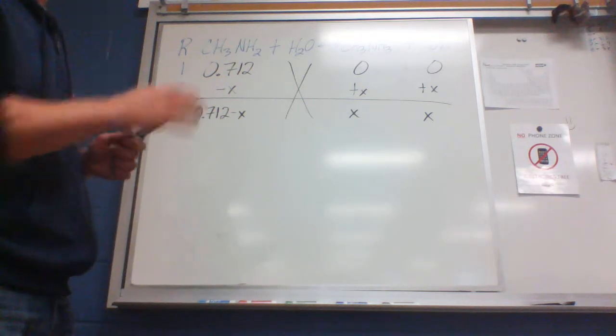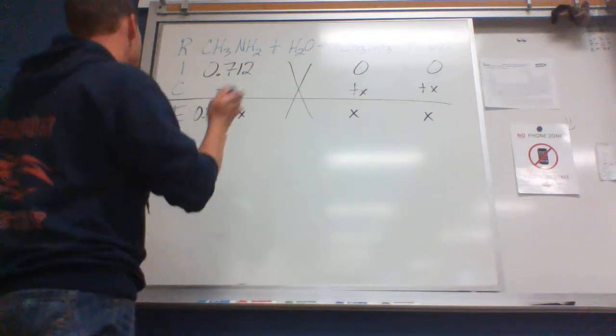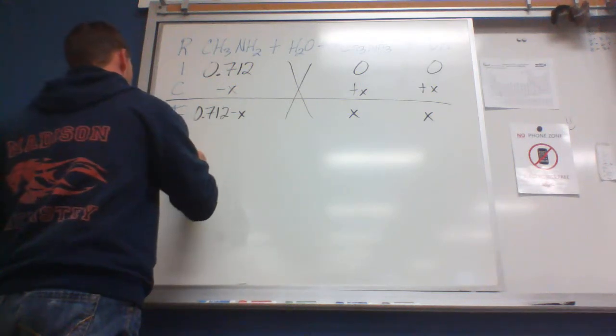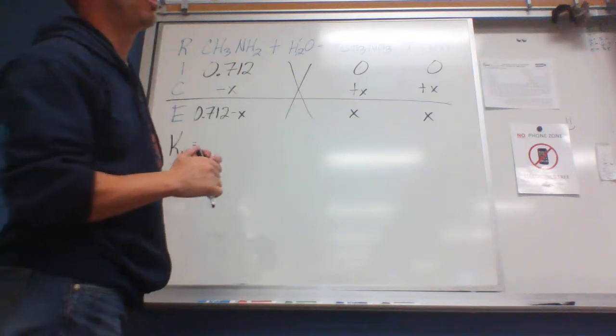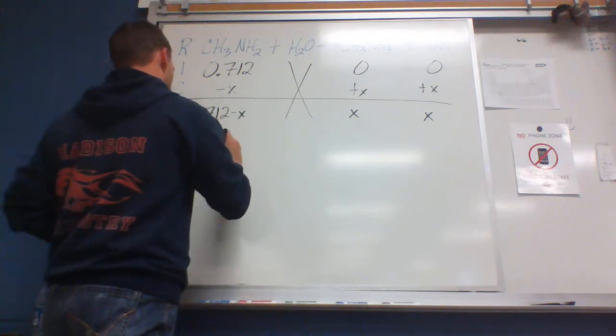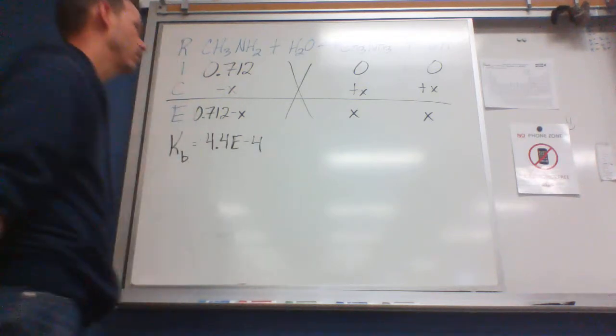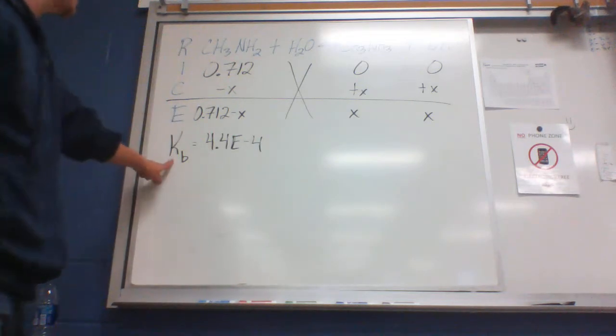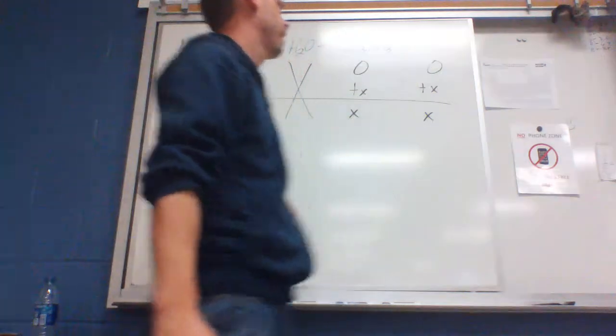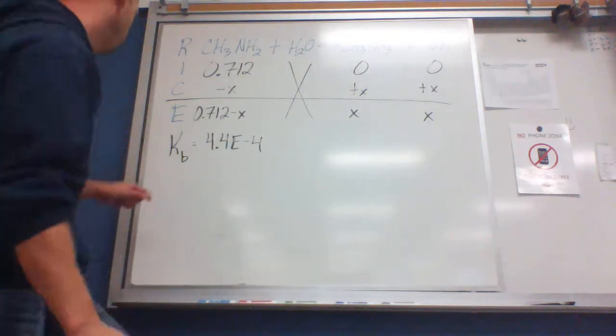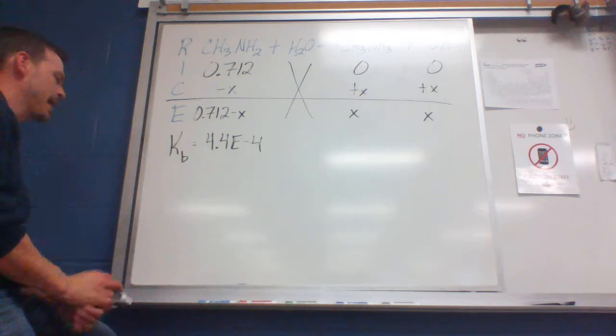Now, the extra information it gave us this time is a KB, all right? It says that the KB is equal to 4.4 E negative 4. So the KB will be referring to hydroxide because it is the equilibrium for a base.